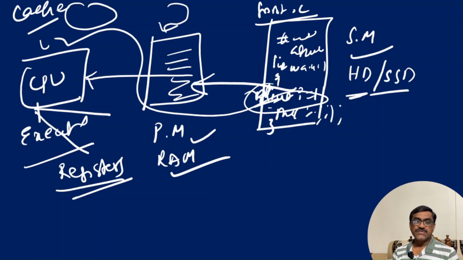Whenever you use the register storage class, those variables are stored in the CPU registers. Instead of going to the RAM, random access memory, the CPU searches for the values in its own registers, which are very near to the CPU, so the time taken is reduced by using the concept of registers.